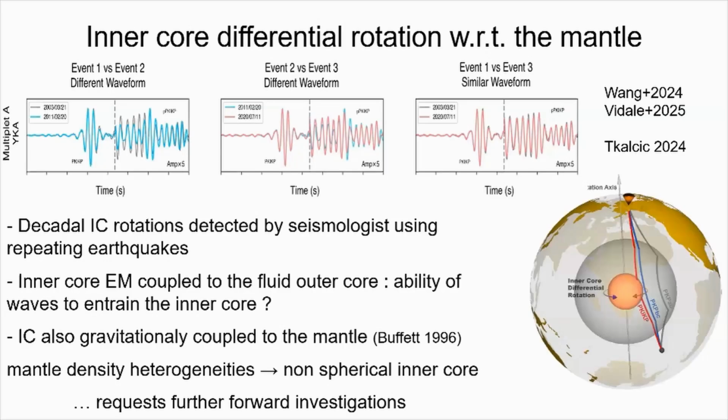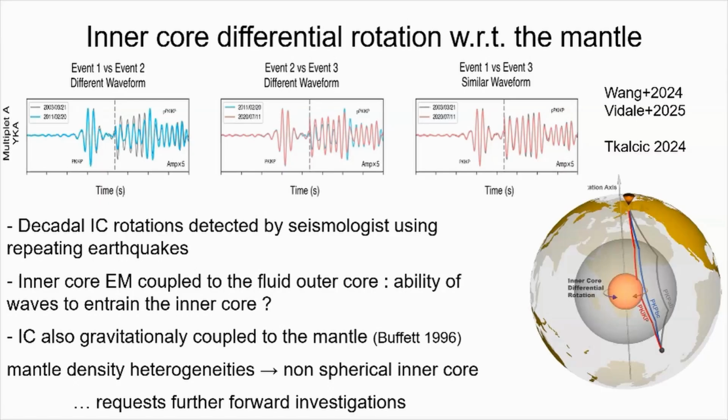Another geophysical observation of interest is the fact that the inner core is not static in the reference frame of the mantle. There is differential rotation. This has been found by seismologists who, for instance, look at repeating earthquakes that come from the polar direction, that just sample the upper part of the inner core.